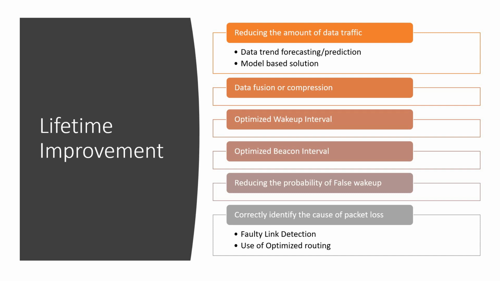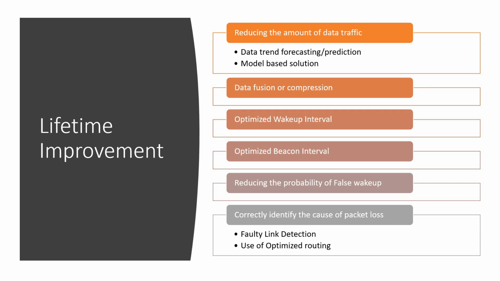And the last is to correctly identify the cause of packet loss. Whenever there's a packet loss, you have to send a transmission or a message again. In other wireless networks, that's not a problem, right? The more important thing is to send the data accurately. But in this case, resending is also a problem, because sending and receiving is so costly that sending data twice is much more lethal when you are talking about battery life.